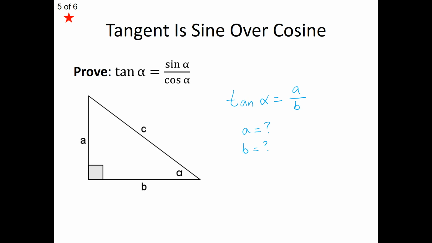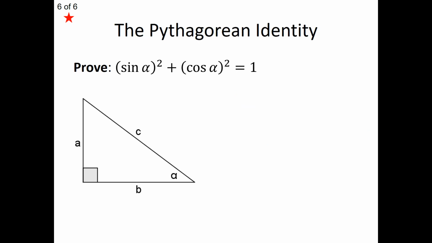Because if you find that, then that's going to be popped in directly into your ratio of A over B. So let that be a clue for proving this relationship that tangent has with sine and cosine. That is, that tangent of our angle alpha is equal to the sine of angle alpha divided by the cosine of angle alpha.